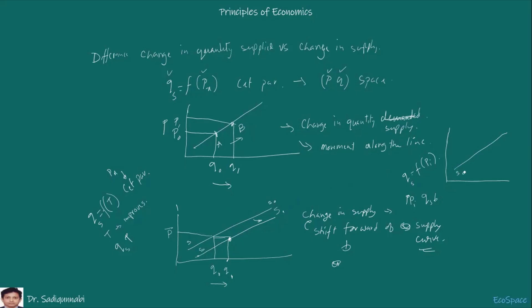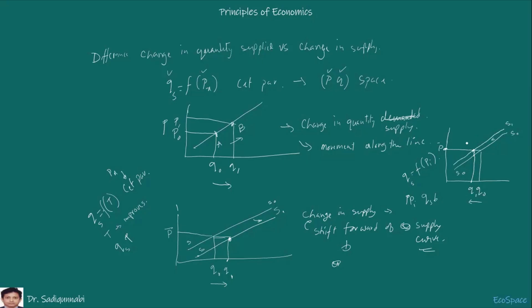So price is fixed, but PI increases. So what happens? PI increases, so Q0, Q decreases to Q1. So here we can get a point because price is fixed, so we cannot move beyond this. So we have got another supply curve, and this is now a shift back.